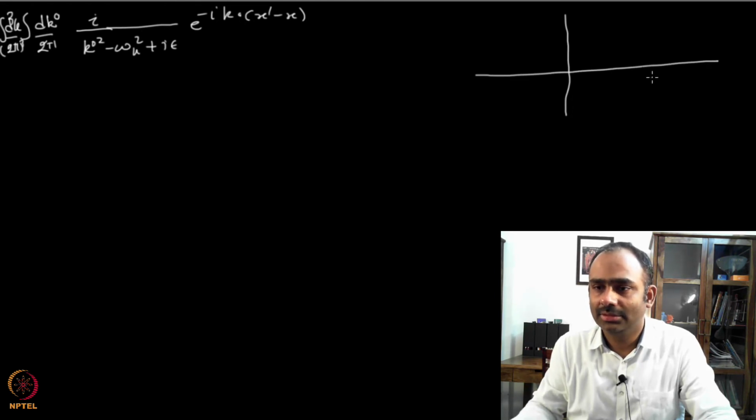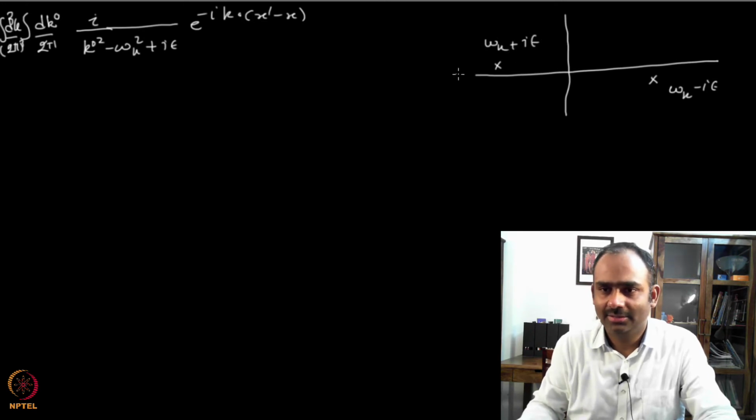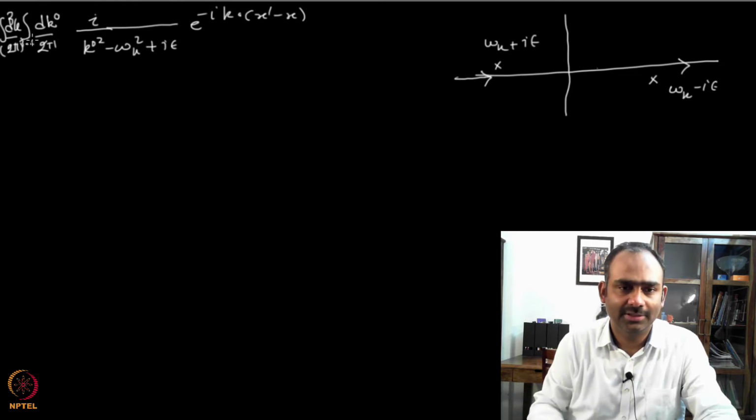You have a pole here at omega k minus I epsilon, and then you have a pole there at omega k plus I epsilon, and what is the integration contour for k naught? It is the real axis, right. This is where you have to do the integral. This is from minus infinity to plus infinity.